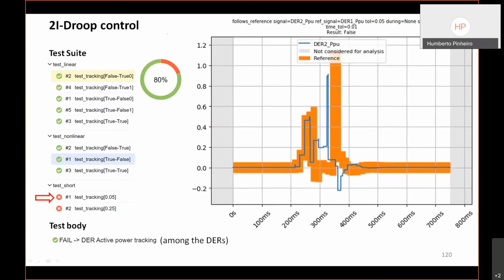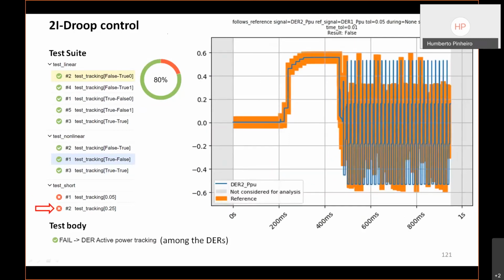In some cases we notice, as in this example, that the DRs were not able to restore the voltage and frequency to their nominal value, and they start to exchange active and reactive power among them. This is the case of 2 integrator droop control. So probably the DR will trip, and then everything has to start from 0 again.